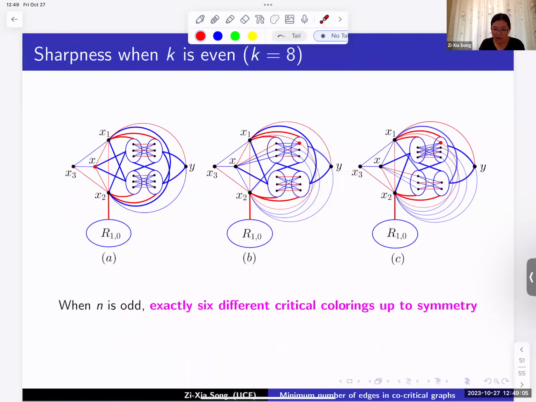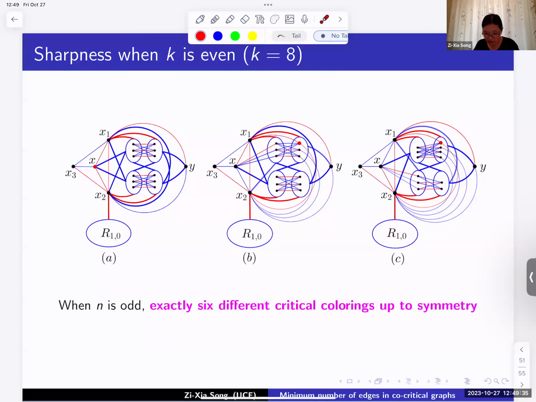Now, if k is even here, we actually have 6 critical colorings. I want to show you in detail because it's not easy to say in just one word. The only thing we can promise here is that this edge must be red. You start from here and try to deduce the coloring of the remaining edges.